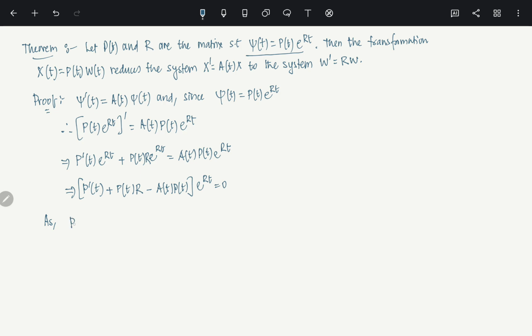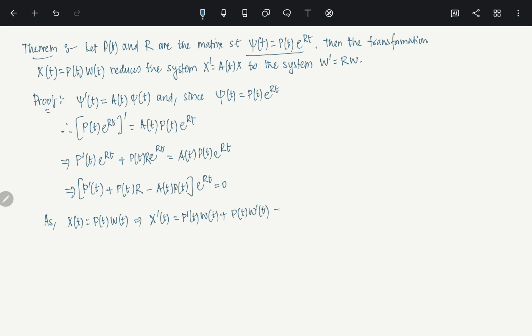Let me do it this way. X of t is P(t) times W(t), right? So what does that give us? X prime of t is nothing but P prime of t W(t) plus P of t W prime of t.